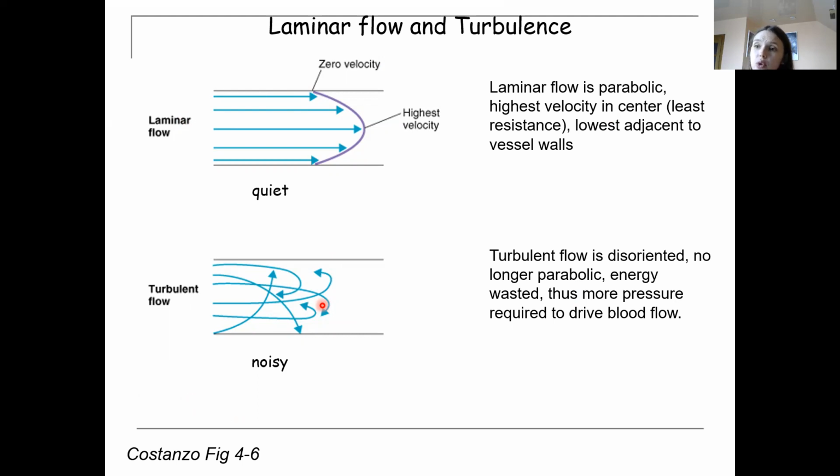Sometimes laminar blood flow could convert to turbulent. This could happen due to changes of the viscosity of the blood, or changes of its diameter.